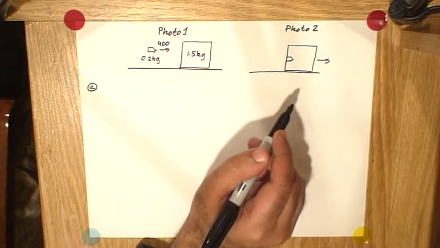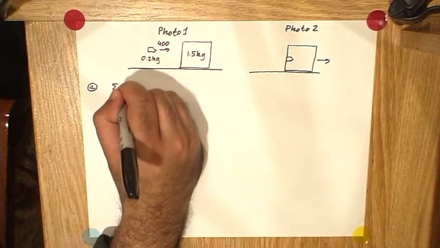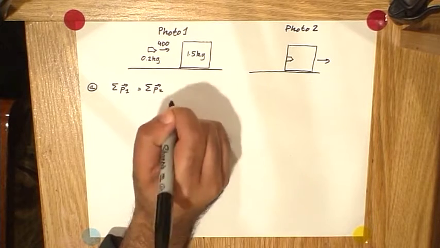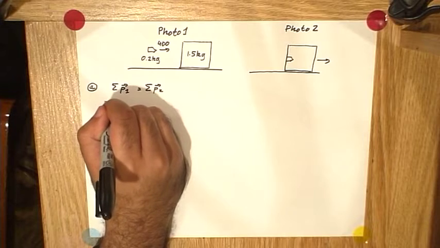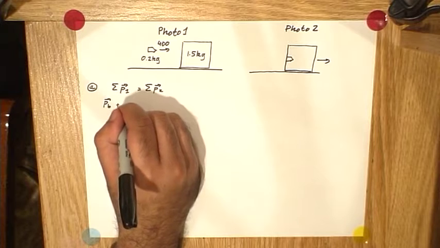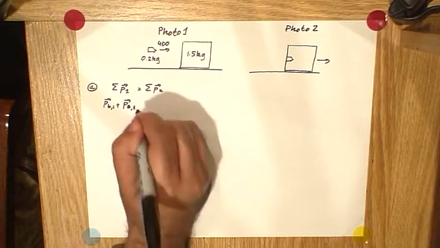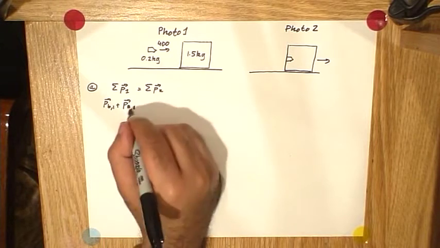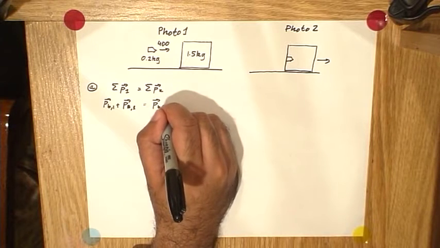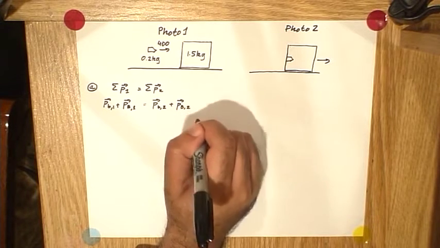The way that we do that is using conservation of momentum. The total momentum in photo 1 equals the total momentum in photo 2. The momentum of the bullet, I'll symbolize the bullet with a lowercase b, plus the momentum of the block in photo 1, I'll symbolize the block with a capital B, is equal to the momentum of the bullet in photo 2 plus the momentum of the block in photo 2.